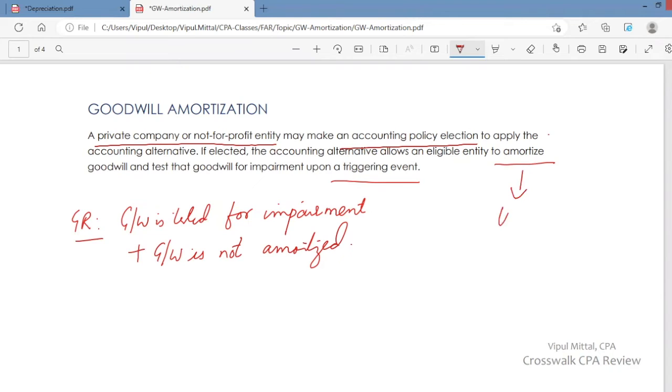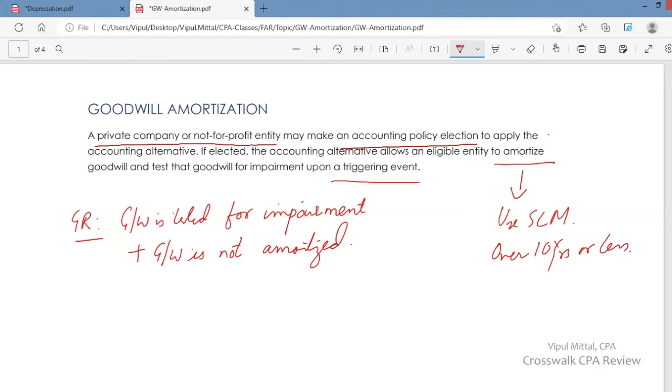So the entity should use the straight line method to amortize goodwill over a period of 10 years or less. So the amount recorded as goodwill in the books is amortized and allocated over a period of 10 years or less. So generally it is spread over a period of 10 years.